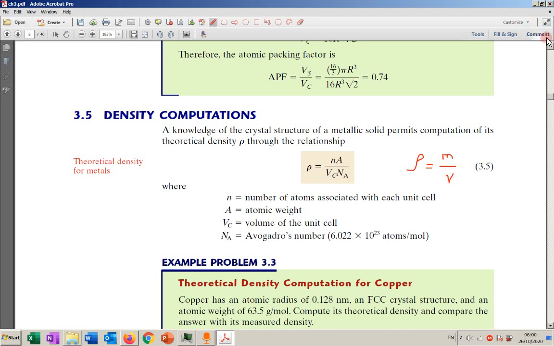Now, how can we use this equation and change it to an equation that uses the crystal structure? If I know the crystal structure of a metal, I can calculate its theoretical density. The equation that we're going to use is not mass over volume directly.